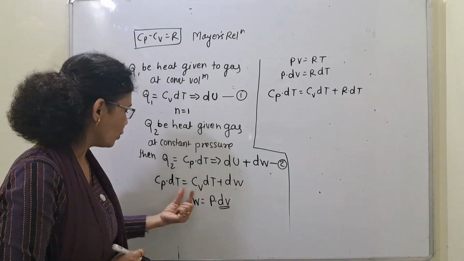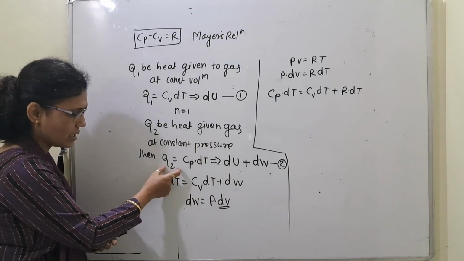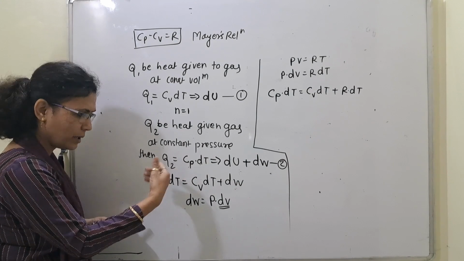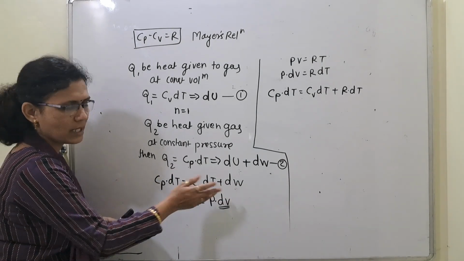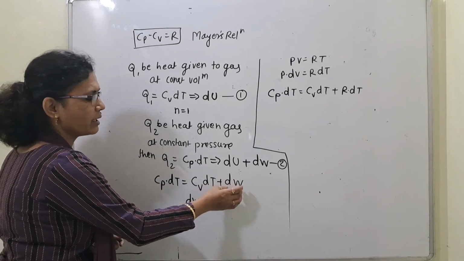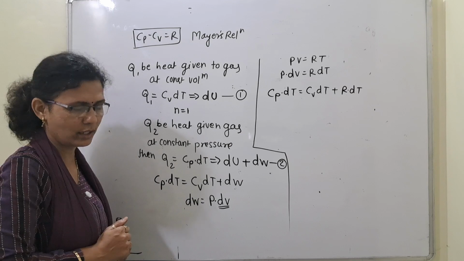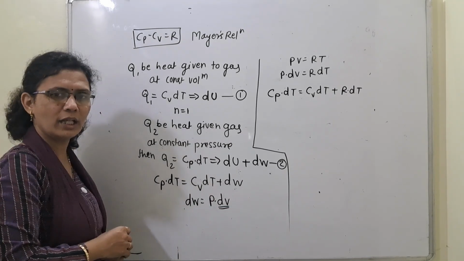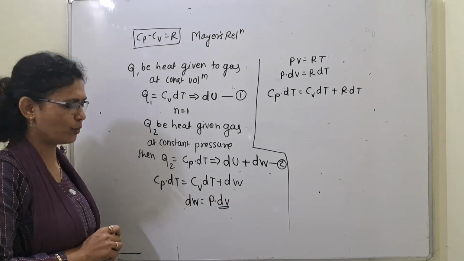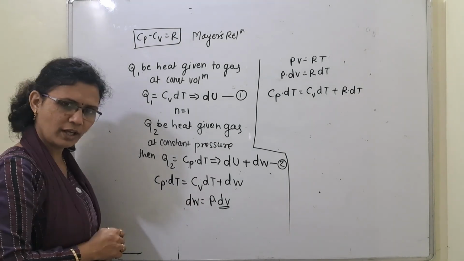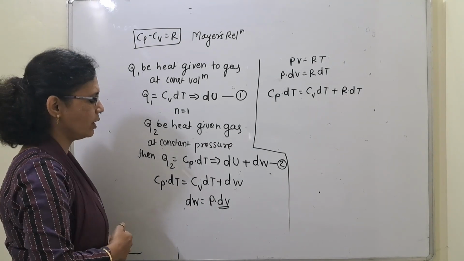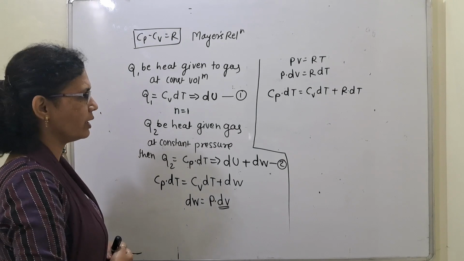So, Q2 can be written as Cv dt plus dw. But what is the formula for work done? It is P into dV. A small amount of change in volume gives a small amount of work, so dW is equal to P into dV.